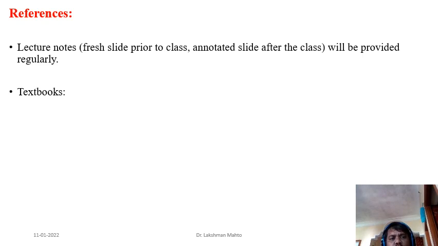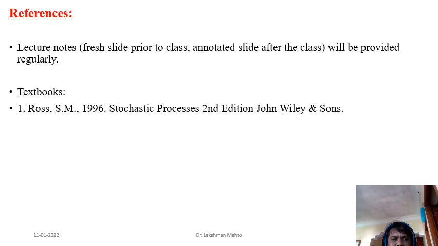Apart from that, if you are looking for a textbook, get this textbook by Sheldon Ross. This one is a very interesting book, on stochastic processes. Sheldon Ross is always writing books on probability, stochastic processes and statistics, so he is very good in that field, and this is the most referred book.